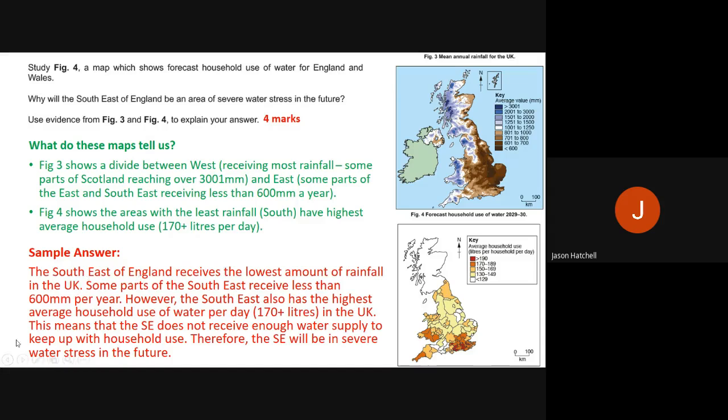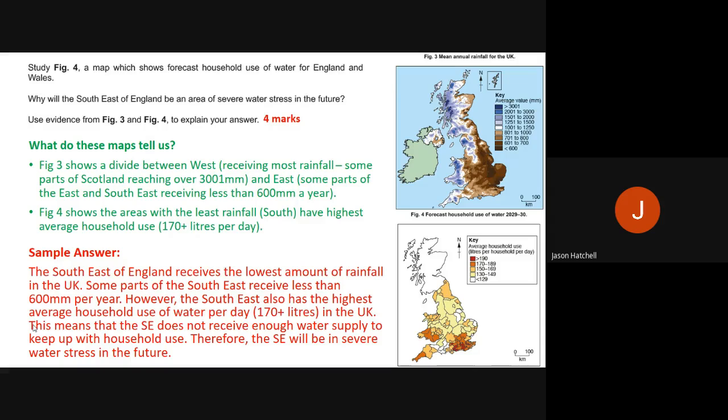This means, and this is my explanation, that the southeast does not receive enough water supply to keep up with household use. Therefore, the southeast will be in severe water stress in future. 4 marks, done. I have used the figure really well to explain and show, using the numbers on the figure and the map, that the southeast uses the most amount of water but receives the least amount of rainfall.